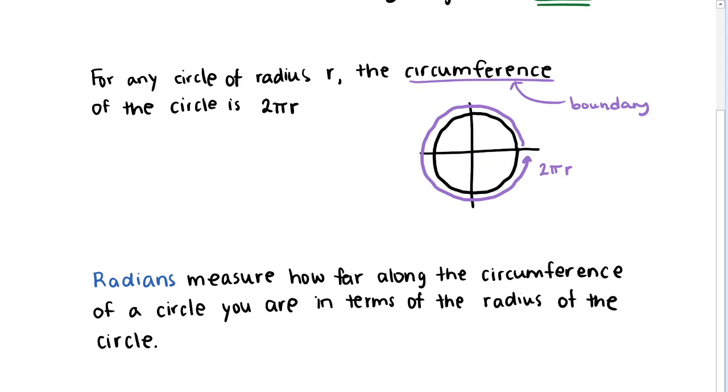One example to illustrate what I mean: if 2 pi r gives me the circumference, telling me that I'm going all the way around this circle, I can think of 2 pi radians as a full rotation of my circle.